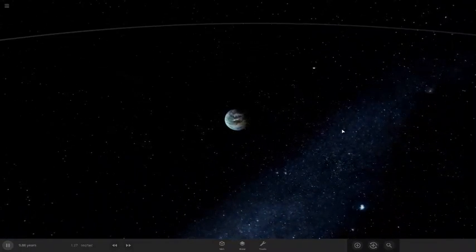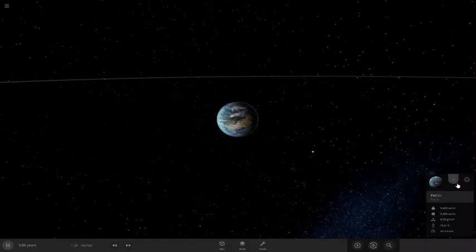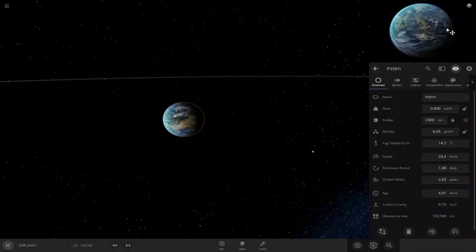Patram. I'm sure I butchered that. Patram. But it has a mass of 0.8 Earth masses and a density of 6.03 grams per centimeter cubed, which is fairly similar to Earth.